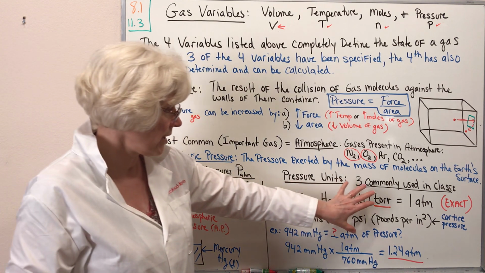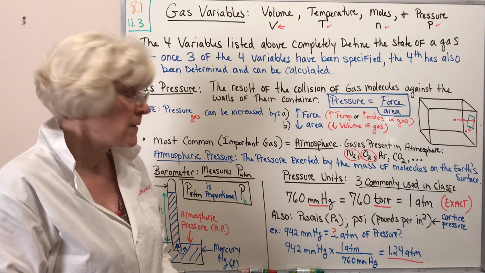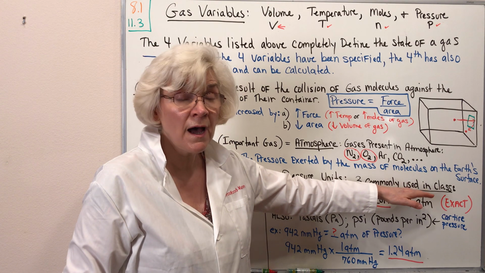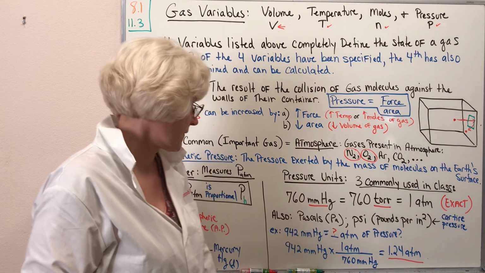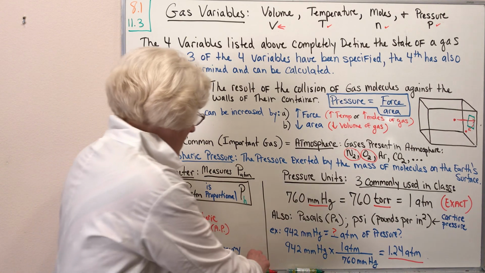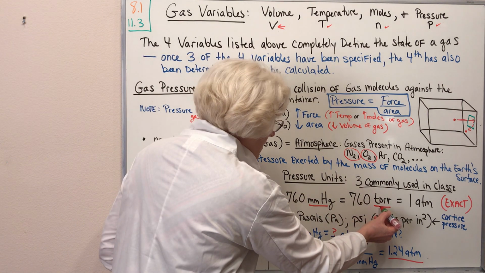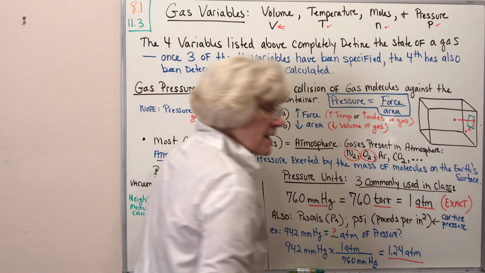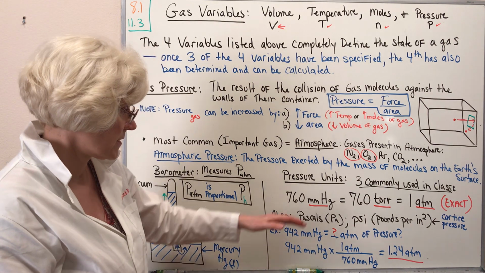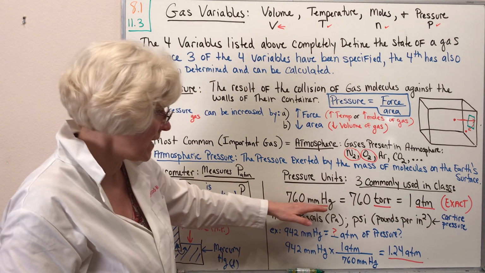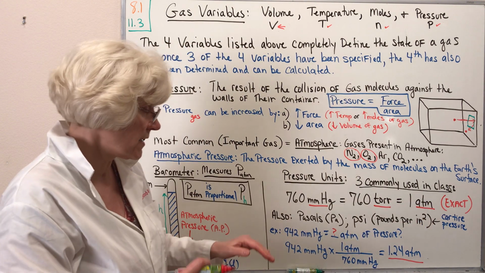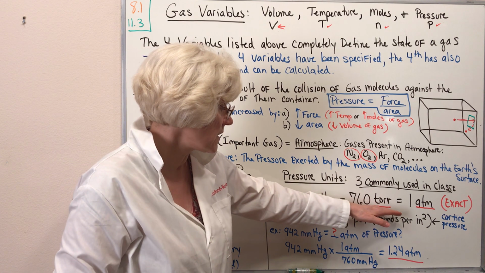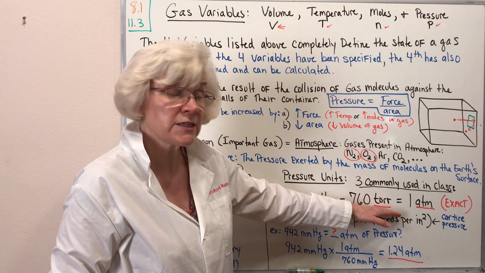And let's go over here now and take a look at units with which we can express a pressure reading. We will use 3 common units in this class, right? And those units are millimeters of mercury, torr, abbreviated TOR, and the last one, ATM, for atmospheres. So the relationship between these 3 commonly used units here in this class are 760 millimeters of mercury is equivalent to 760 torr.